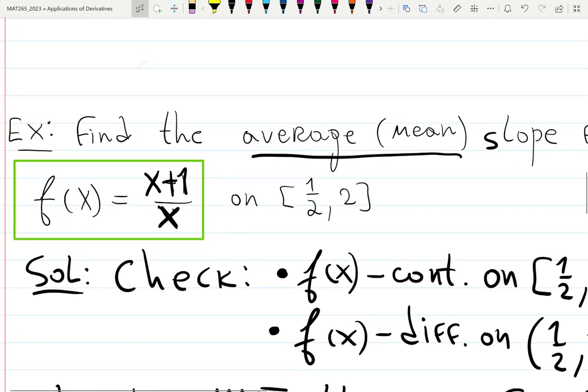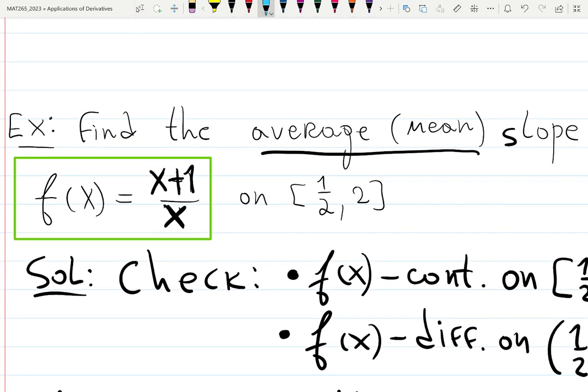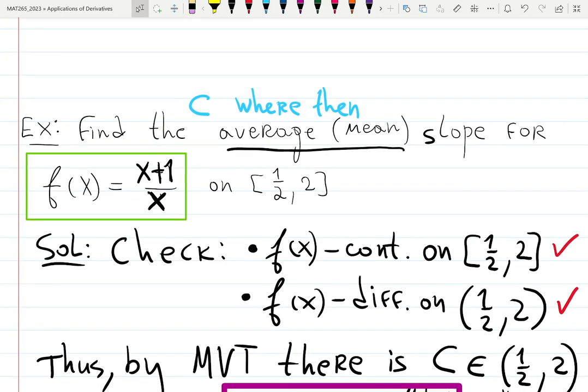I guess let's just be very specific about it then. Find the C. Yeah, that's how to phrase it nicely. Find the C where the average mean slope is happening. Do you guys know what the question is here?